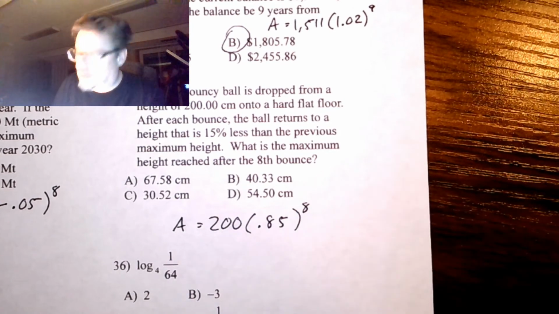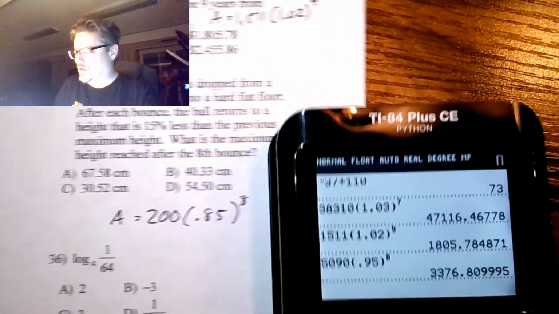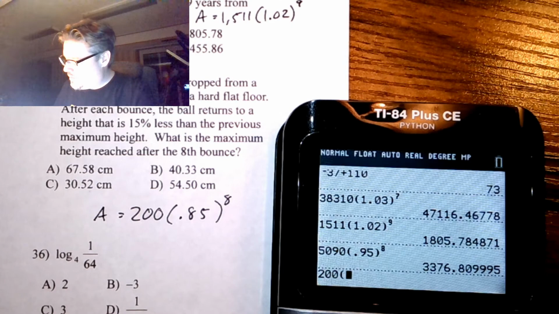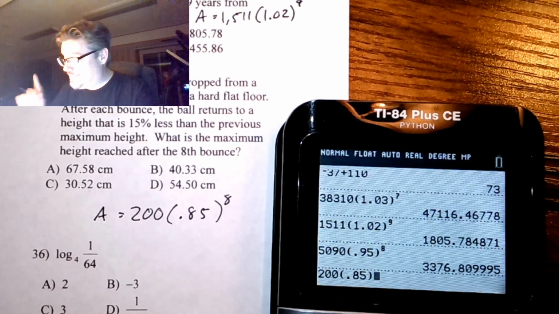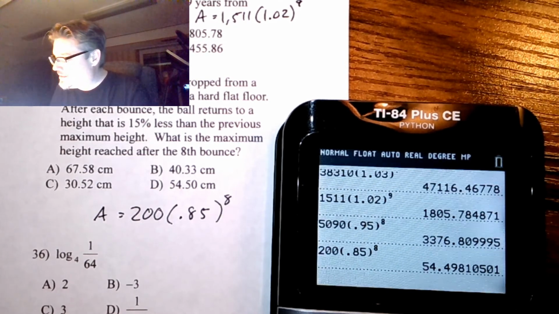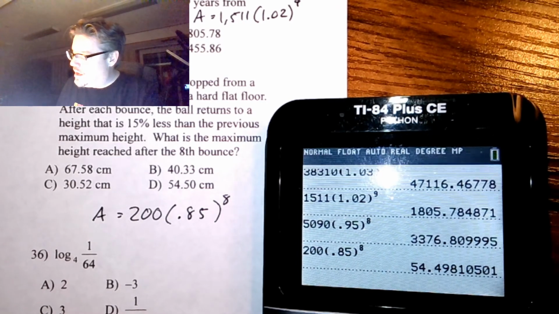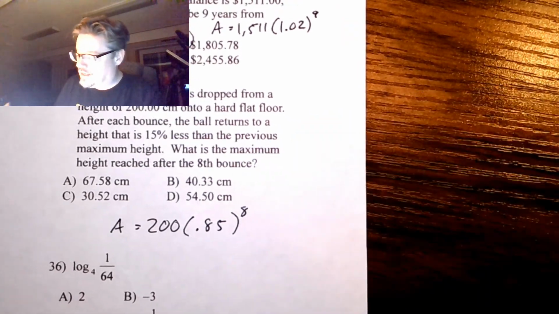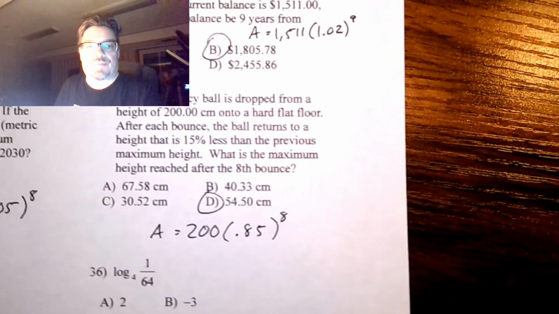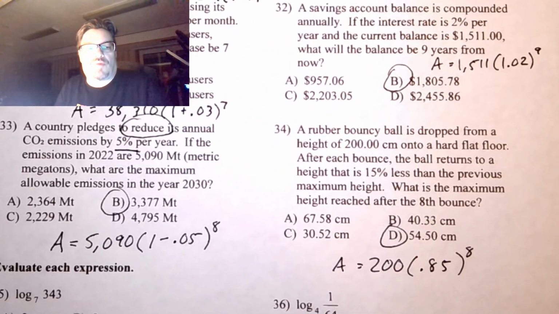And after the 8th bounce, we're going to raise that to the 8th power. So that's 200, you only have 85% every time. That's going to be 54.5 centimeters.